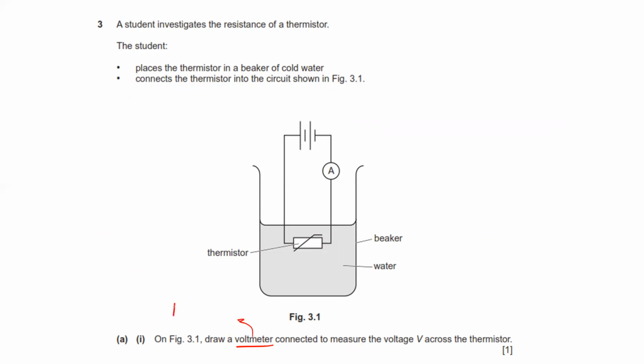The voltmeter is always connected in parallel, so parallel to this thermistor, something like this. So this is my voltmeter. This is how you connect a voltmeter.